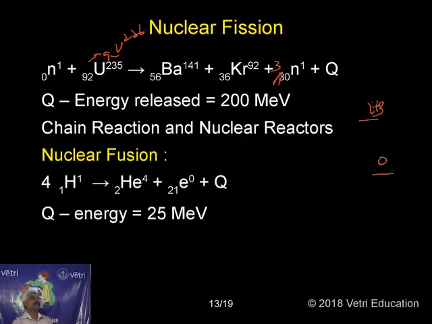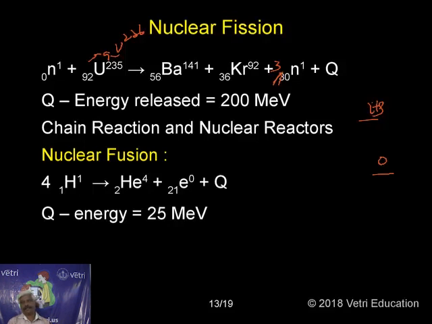That reaction is called a chain reaction. In each and every reaction, a large amount of energy is released, nearly 200 MeV. The atom bomb works under the principle of nuclear fission.